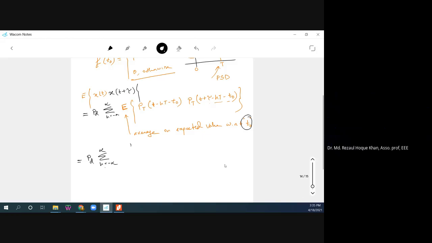So we integrate from minus infinity to plus infinity, and we have to add this f(t0): f(t0) p(t minus kT minus t0) p(t plus tau minus kT minus t0) dt0.